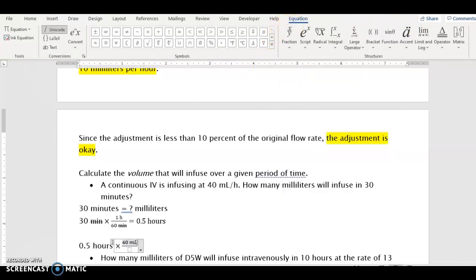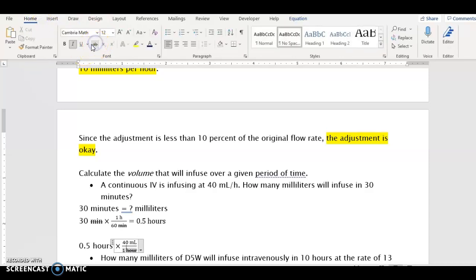and multiply by the flow rate of 40 milliliters per hour. So 40 mLs over 1 hour, since per hour means per 1 hour. The units of hours cancel, and you're left with the units of milliliters, which is what we want.